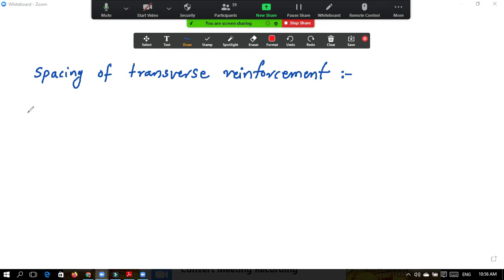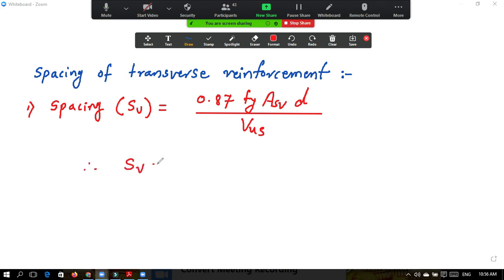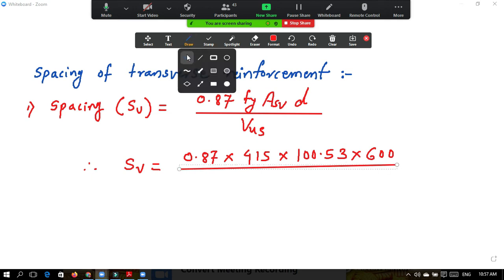The first criterion: spacing Sv is equal to 0.87 fy Asv d divided by Vus. Therefore spacing Sv is equal to 0.87 into fy, which is 415, into Asv, 100.53, which we have already calculated, into d, our effective depth, 600, whole divided by Vus.